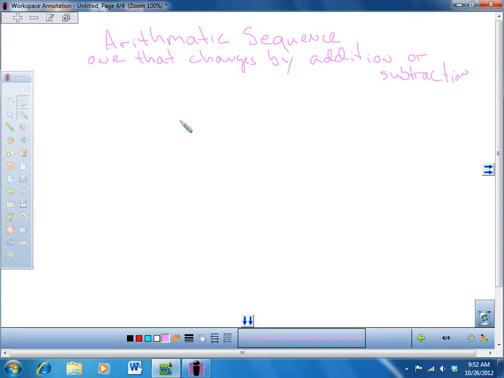In an arithmetic sequence, it looks like A of n equals A plus n minus 1 times b.